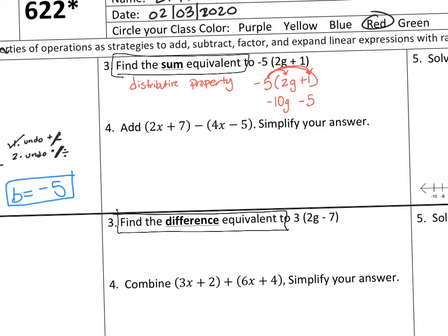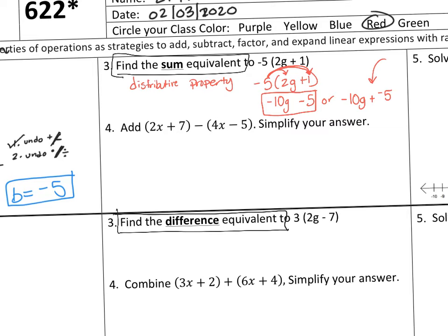Now you could put negative 10g minus 5, or you can put negative 10g plus negative 5. But there's just a lot going on in that one. So I would keep it as negative 10g minus 5. But both of those are the same. They're equivalent expressions.